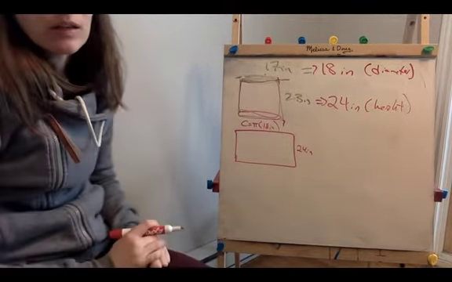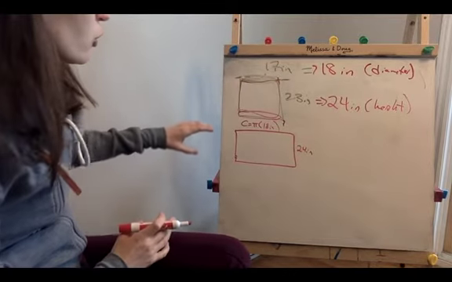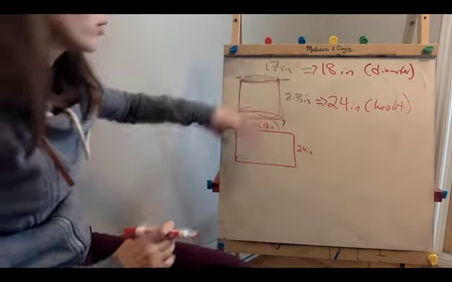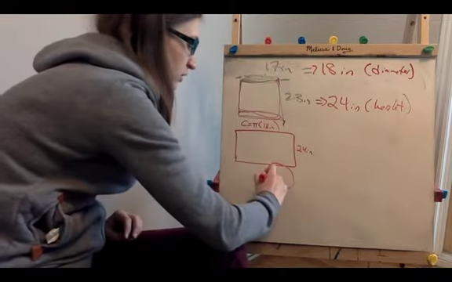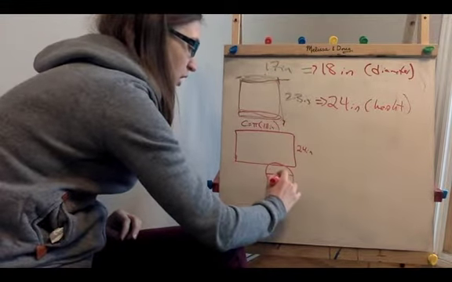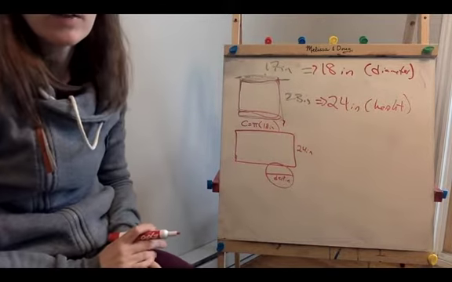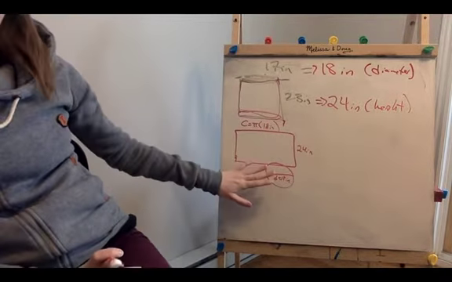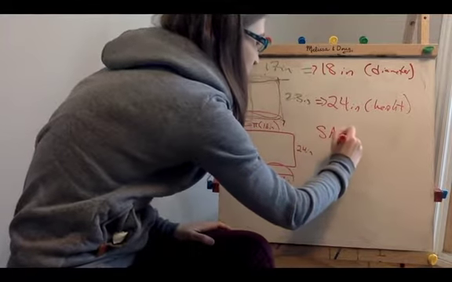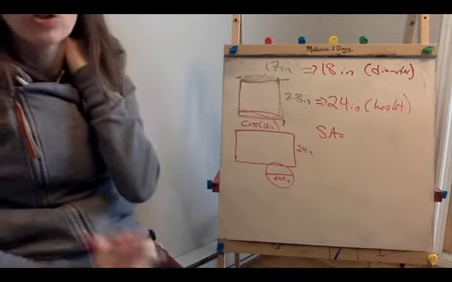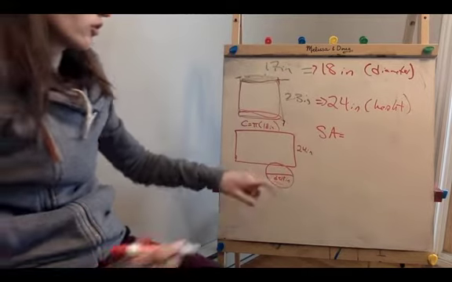So that would be the around part, and then we would need to be able to sew it down to the bottom of the canvas here. Right, and again, that's going to be your circle that has a diameter of 18 inches, okay? So even if you're just visualizing that, the formula here, instead of being 2 pi r squared, would just be 1 pi r squared, because we're only dealing with one circle instead of 2.